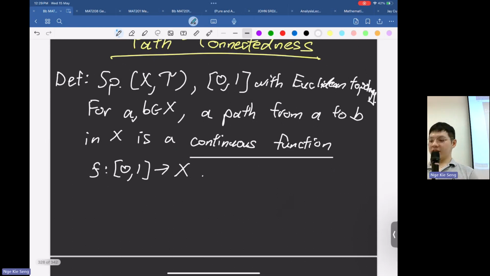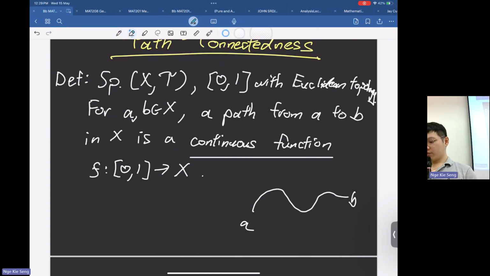So we can look at this kind of continuous function. Path here, be careful. Maybe you can imagine it like this, but really it is defined by a function. Function from where to where? From the interval 0 to 1.